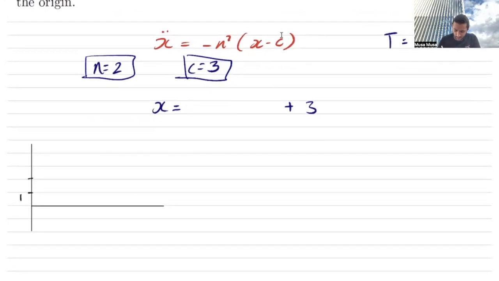We're starting here, and that's our center. So it's kind of like a sine curve because we start at the center part. So it's going to equal a sine, and then n was 2, so a sine 2t plus 3. Wonderful.